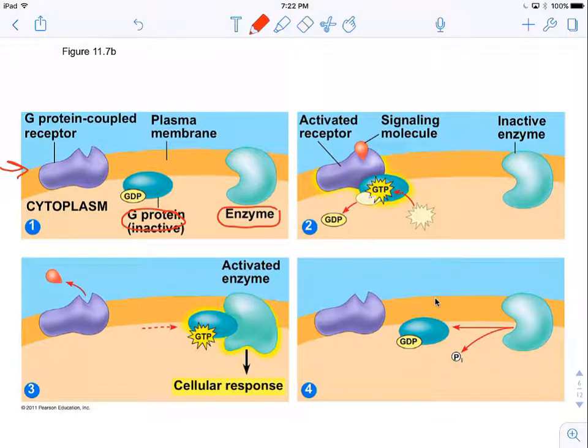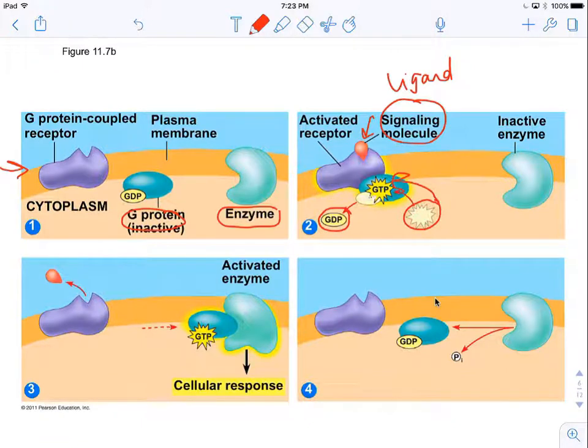Okay, when our signaling molecule or a ligand binds to the G protein coupled receptor, it causes GDP to be released from the G protein and GTP to bind. This activates the G protein.